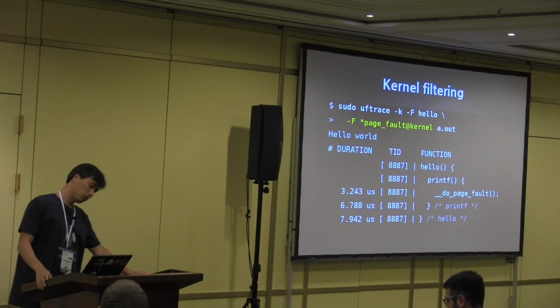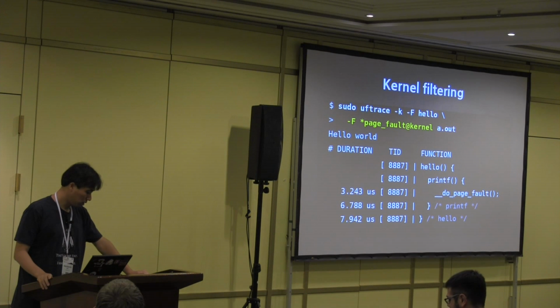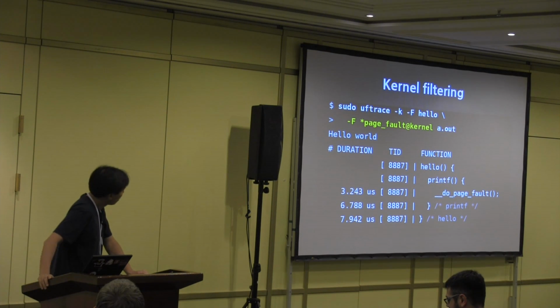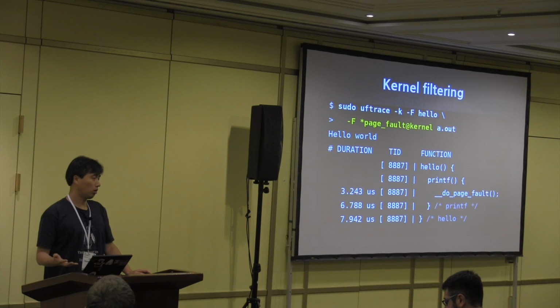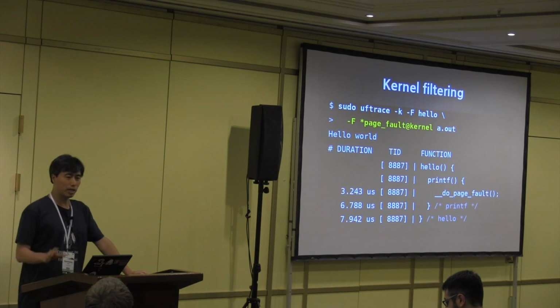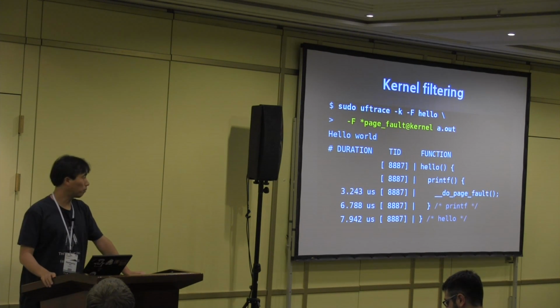And kernel functions also can be filtered by using module names of the kernel. But the syntax is a little bit different, since kernel function filtering is done by the kernel, and it doesn't support regex matching. But it supports a very limited form of glob pattern matching.